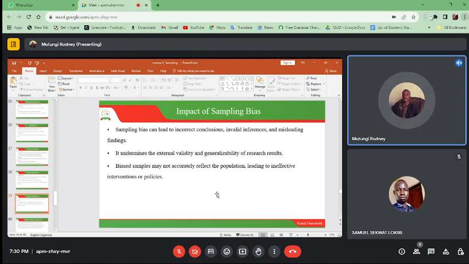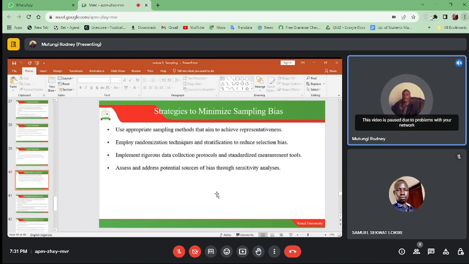So that is why we always need to focus on eliminating these bias and errors in our researches, because they are going to inform decisions. We are going to use them to influence decisions, policies, that are put in place in that realm of nutrition and other programs. So strategies again to minimize this is to use appropriate sampling methods. You employ randomization techniques and stratification so that you can have representative samples.